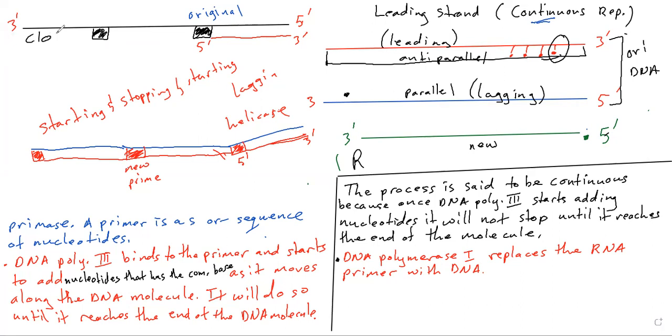So let's say this portion hasn't been opened as yet, only this part. So once a new primer has been made, DNA polymerase can attach itself again and complete it. All right, and that is what it will do. Attach itself and add the nucleotides until it is completed.